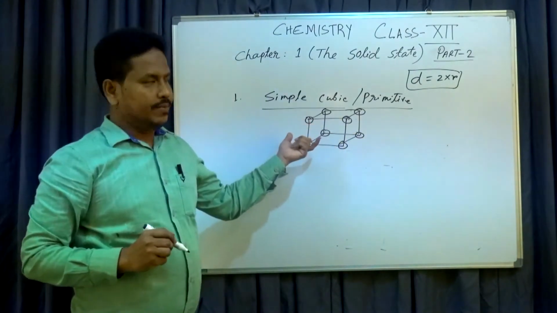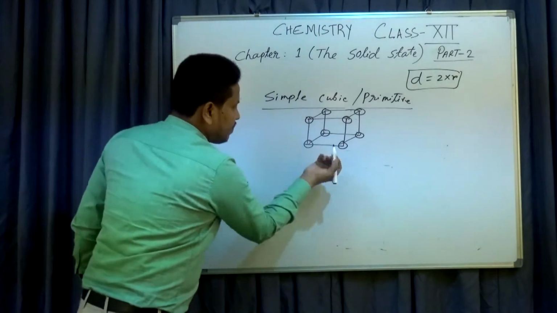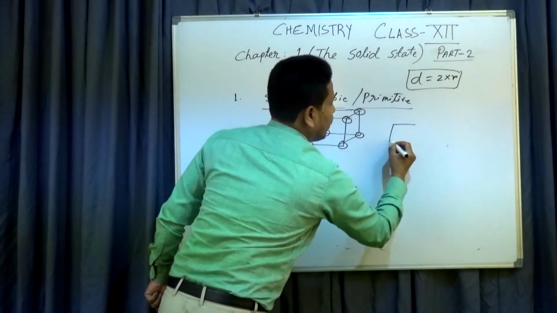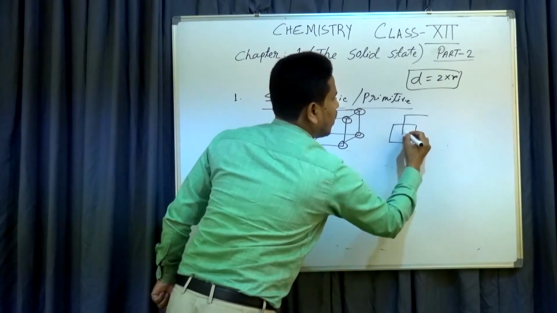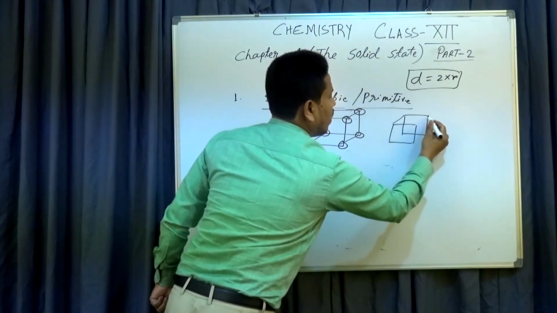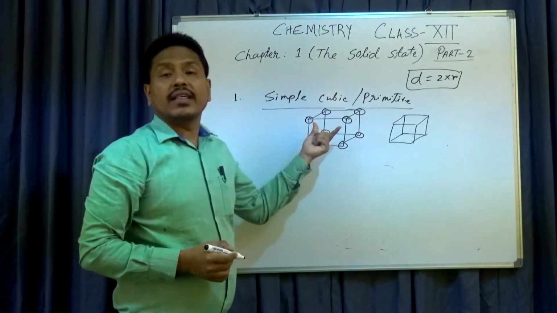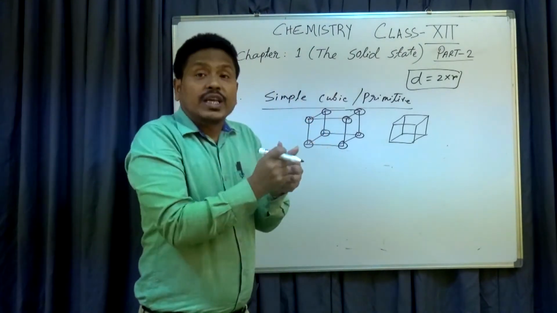This is the simple cubic. What is the relation? Look at this. We are writing in this way, but always remember that the corner atoms are touching each other.